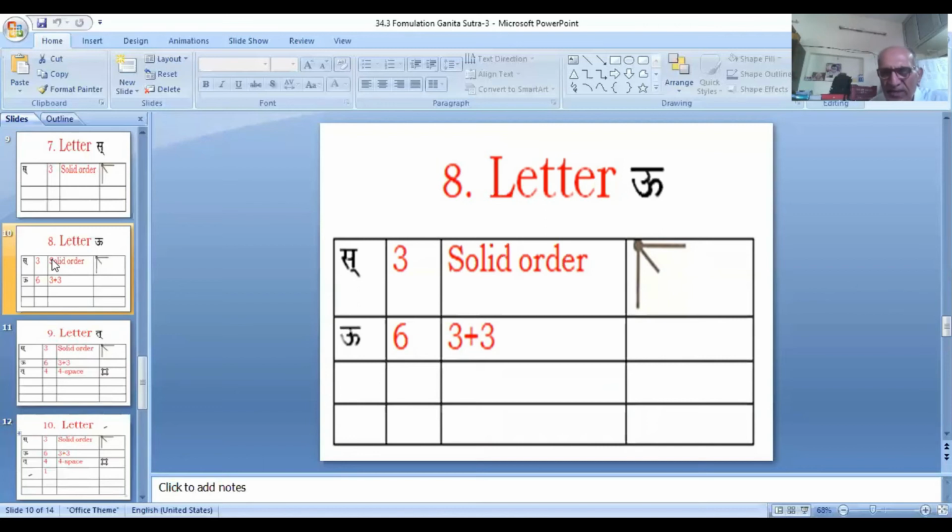Therefore, the second phase and stage of reach, in terms of the second letter of the second formulation Sutra in continuity of the first letter Sa, amounts to the synthesis of the solid order as a pair of solid order dimensions within a transcendental domain.